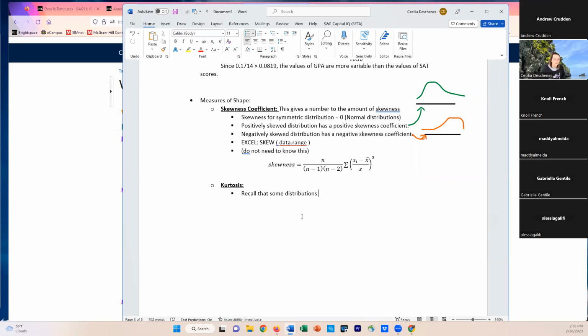Okay. So recall that some distributions have fatter tails. That just means there's more data in the tails. Recall, for example, the T distribution is one of them.